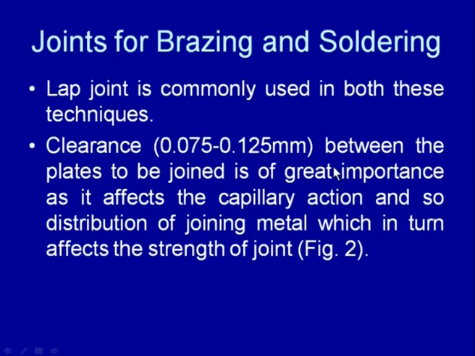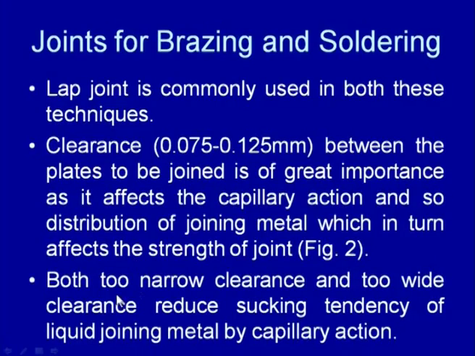which can offer the desired strength and a sound joint, and this clearance is normally maintained between 0.075 and 0.125 mm in order to get the advantage of the capillary action. Too narrow a clearance will not allow the entry of the filler material, and too wide a clearance will reduce the sucking tendency by the capillary action of the liquid metal between the components being joined.